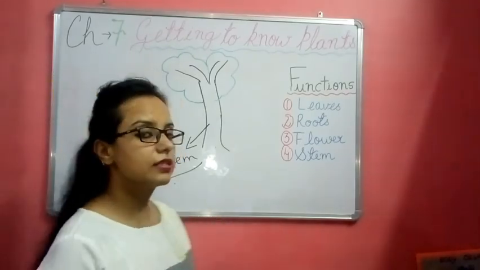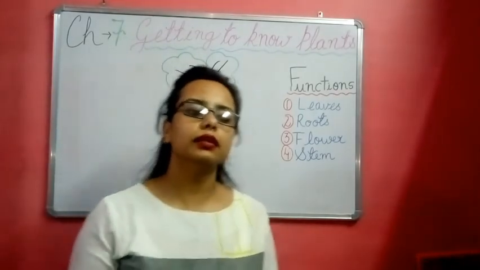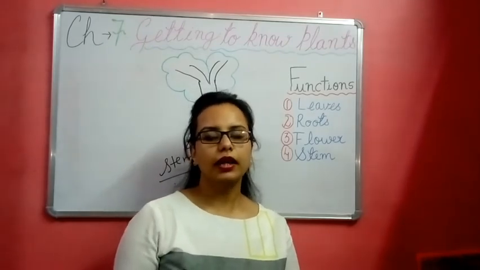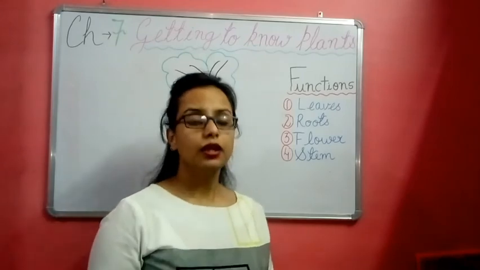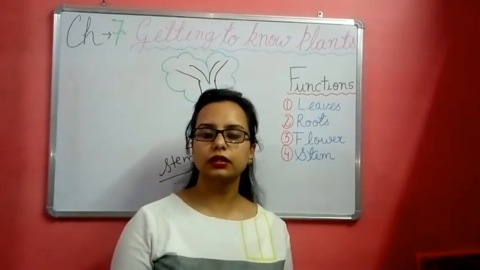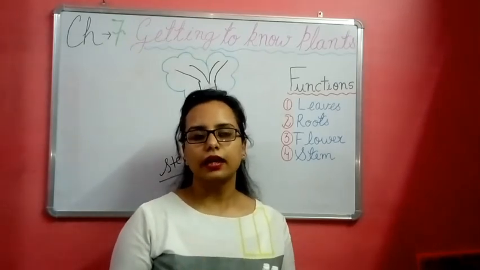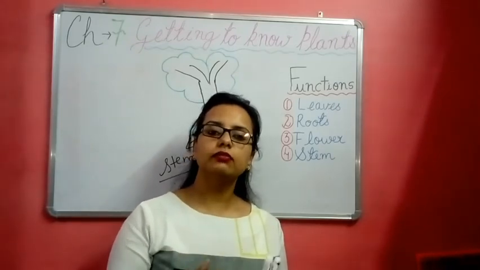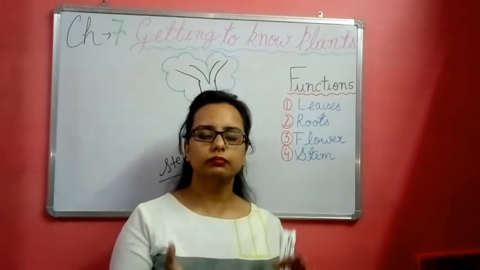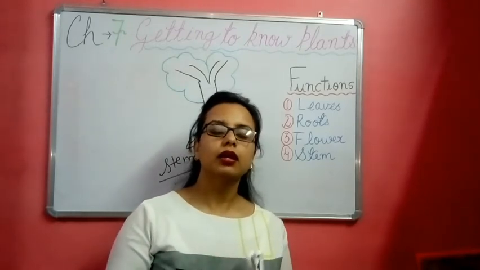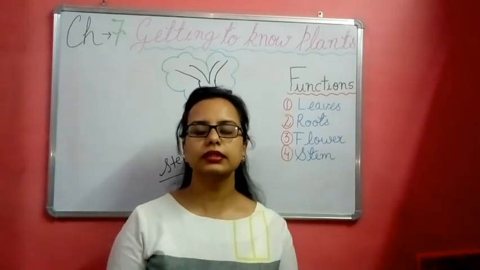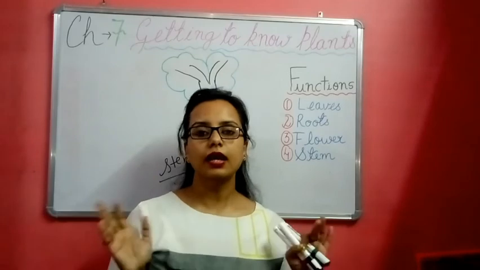The function of the stem is it helps in the transportation. Okay, the minerals and the water absorbed by the roots, the root will transport that to the stem, and the stem will transport this to the branches, and from the branches it will transfer to the leaves.